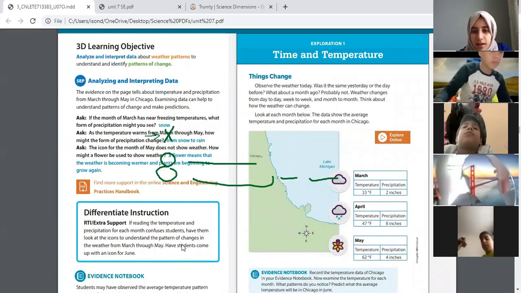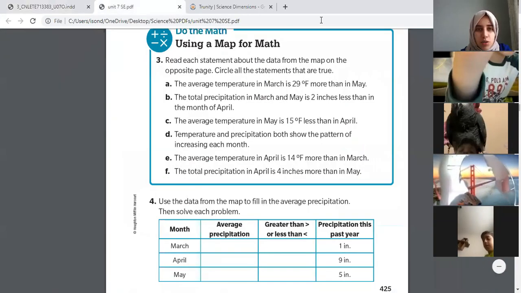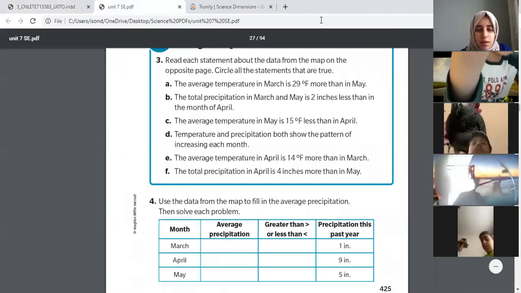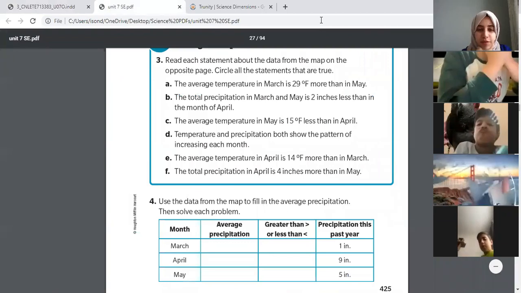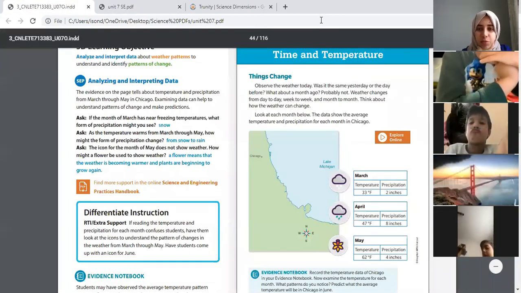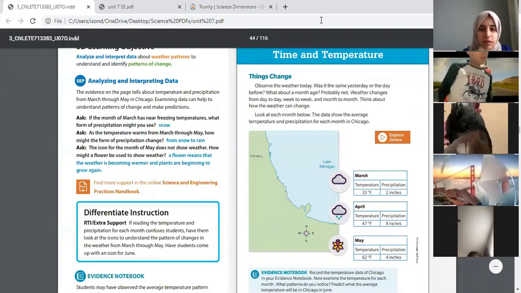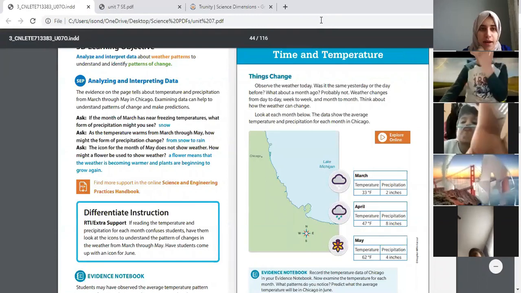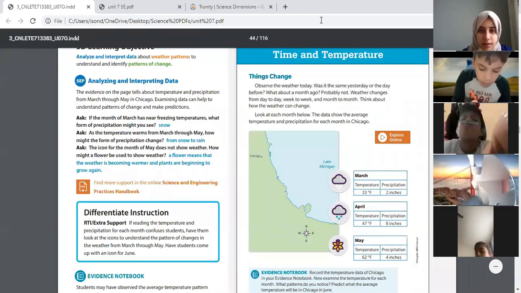And we want to look at the table to find the answers we need for the table on page 425. So in the month of March, what was the average precipitation? 2 inches. So the average of precipitation in March was 2 inches.